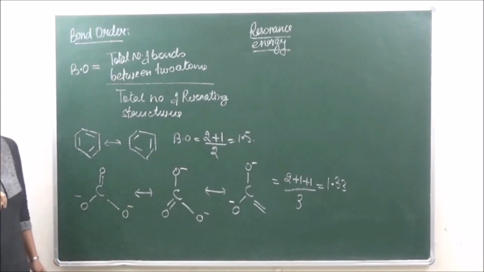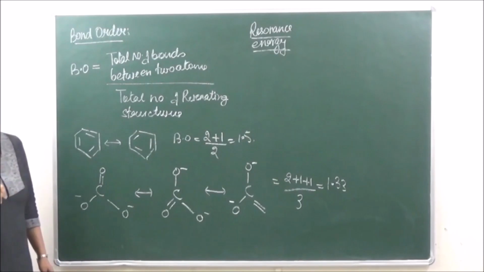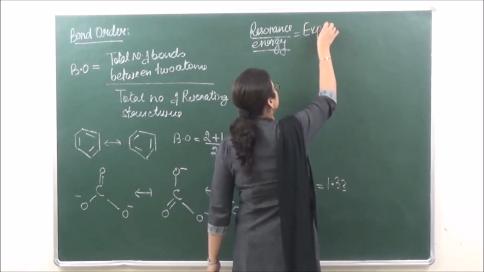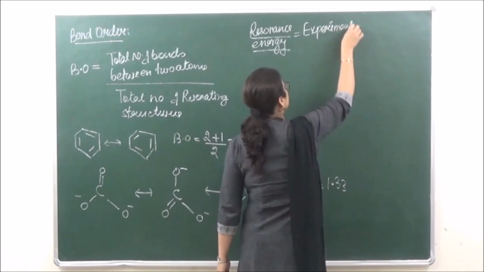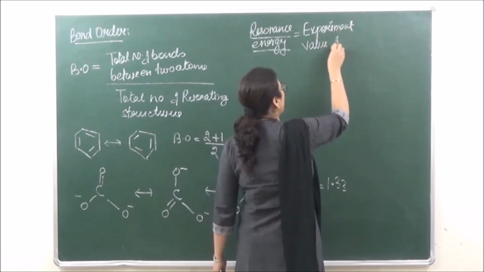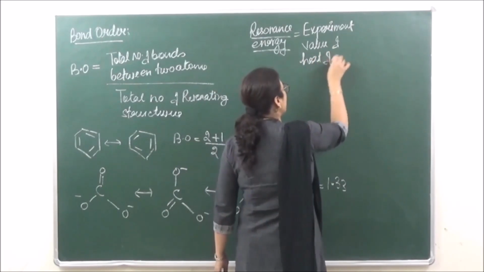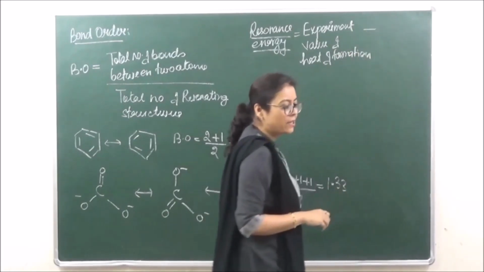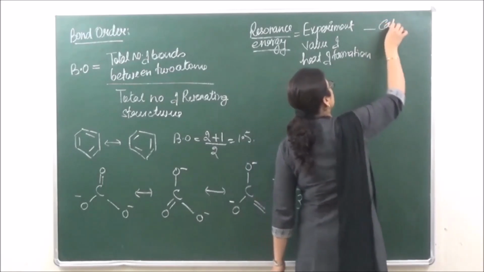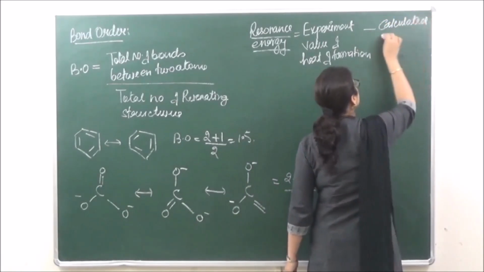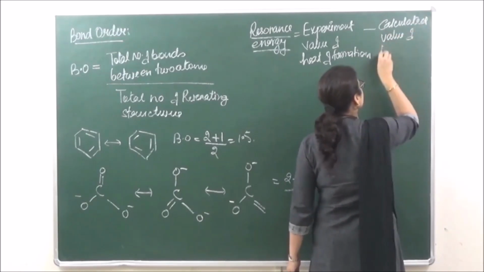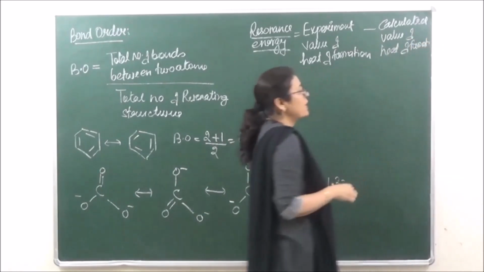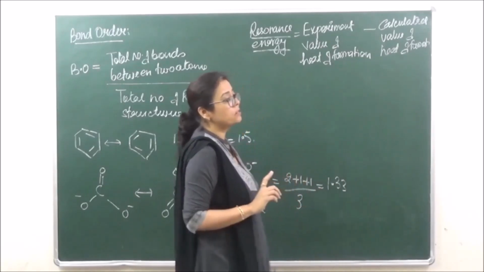Resonance energy is equal to experimental value of heat of formation minus calculated value of heat of formation of the most stable resonating structure.